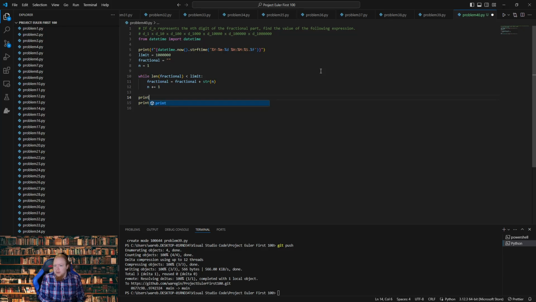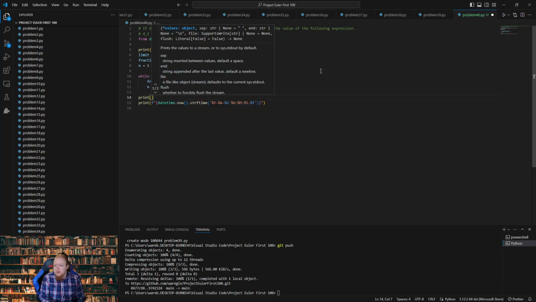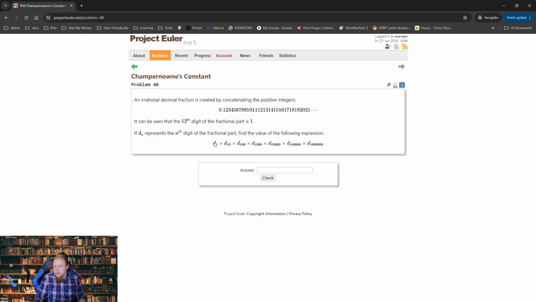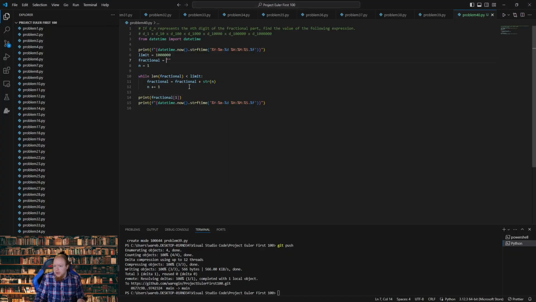And then we are going to print fractional 1. Okay, hold on. Okay, so we can't quite do that. We can fake it, though. If we start it as 0, then we can fake it out a little.